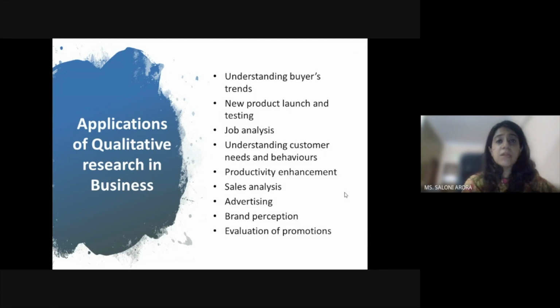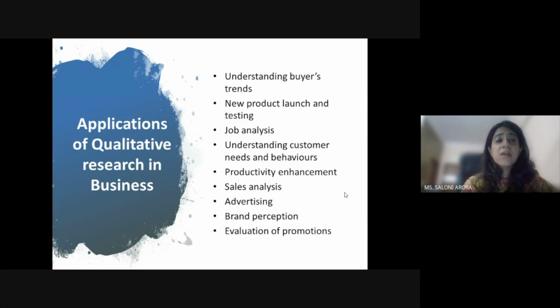Productivity enhancement. You want your employees to work better, to show a higher productivity. How are you going to do it? You understand from them, you ask them, what is it that they're holding back? Is there any concern that they're holding back? What is it that makes them happy?